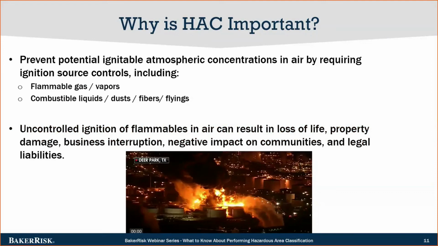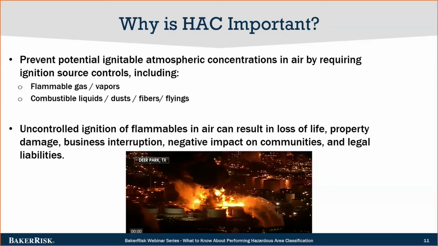But again, the objective is to have the uncontrolled ignition of flammables in air, which can result in loss of life, property damage, or business interruption, as well as negative impact on communities and legal liabilities, be under control. That's what we are trying to do as the step points of the hazardous area classification.